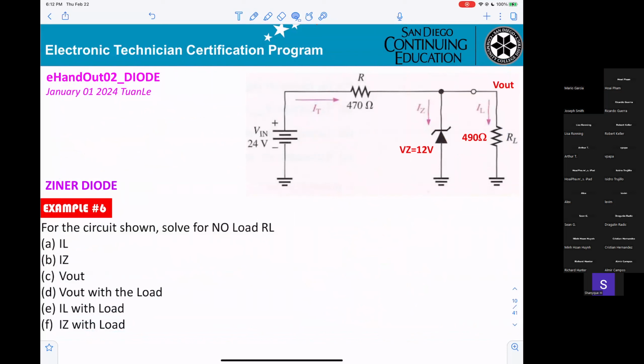Okay, can you do that for me? First thing, they said if you have a no load, that means first they want to calculate without the load.